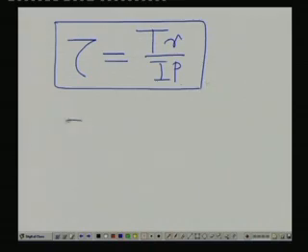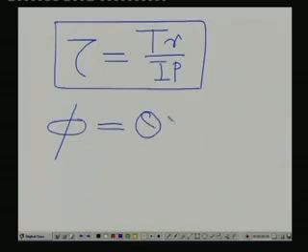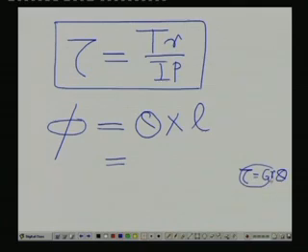Now, again a question comes: what is the total angle of twist phi? This equals theta multiplied by L. What is theta? We find theta again from the same expression, tau equals G R theta. We can find this theta and then replace it by tau.